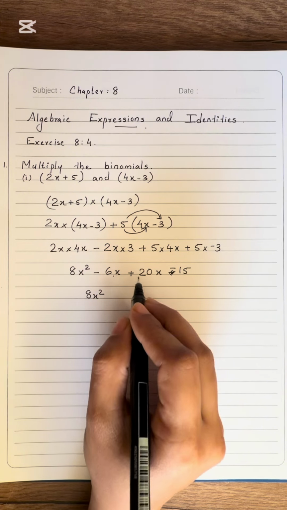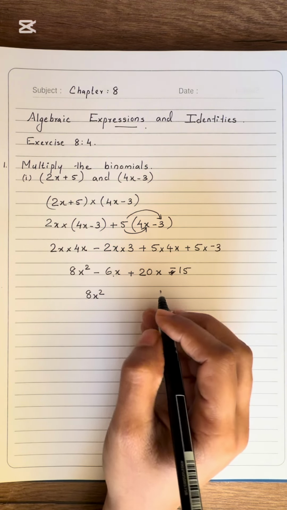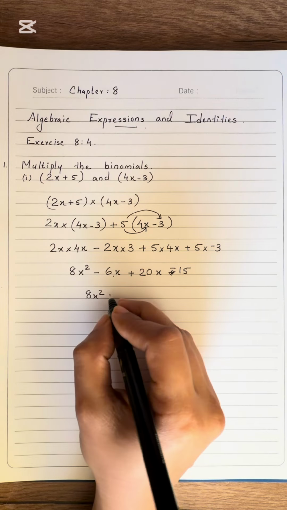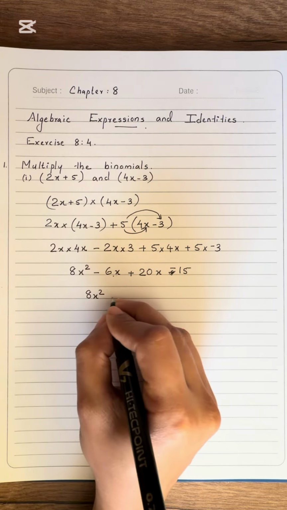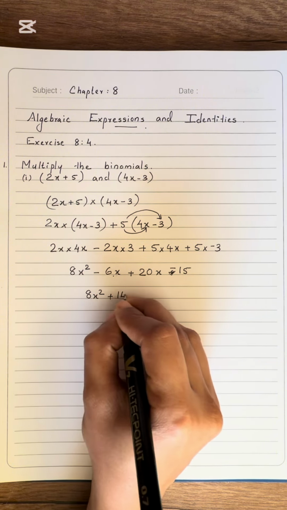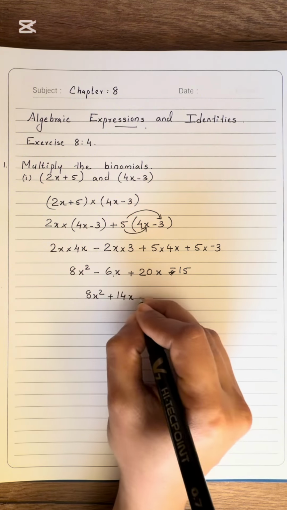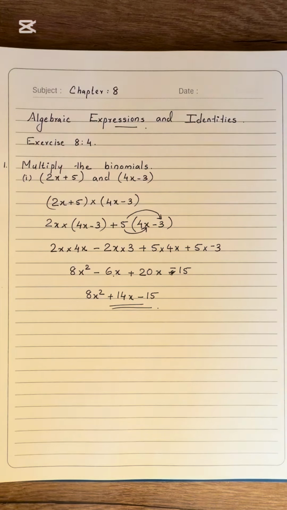Since there is negative and positive, opposite signs, we have to subtract and give the bigger sign. So 20 minus 6 will become 14, and we will give the plus sign. So 14x then minus 15. This is the final answer.